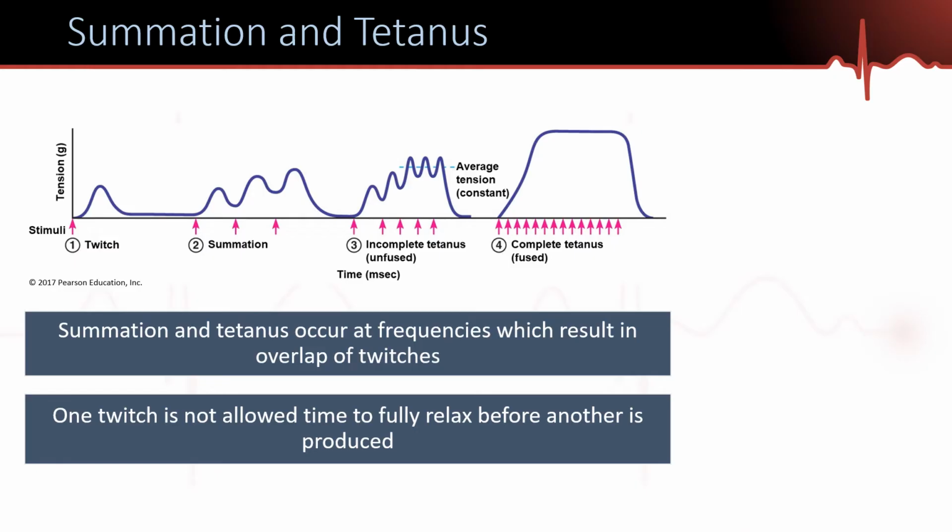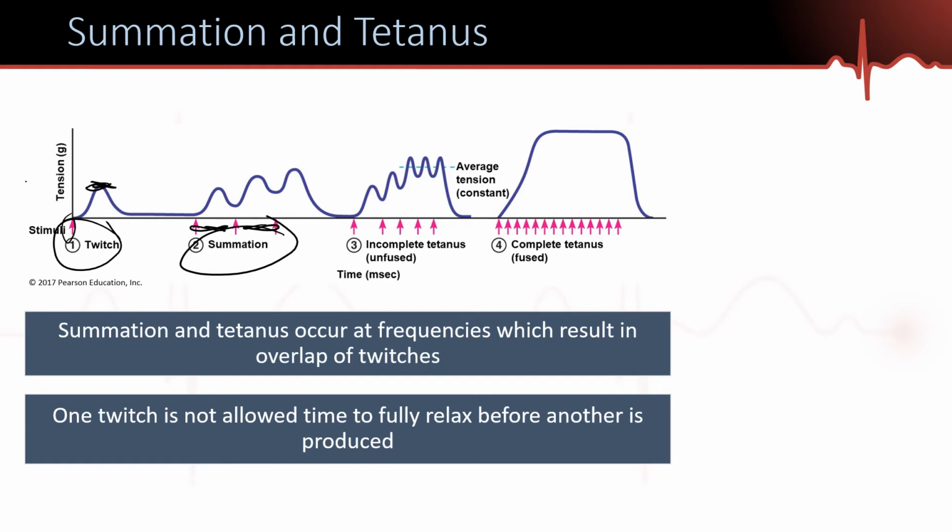Here's a twitch, one action potential, really submaximal force. Here's summation. That's when the skeletal muscle fiber begins to generate a higher frequency of action potentials, thanks to the alpha motor neuron. But the time intervals between the action potentials are still too long.